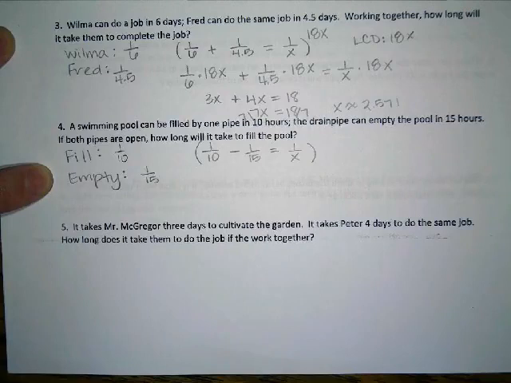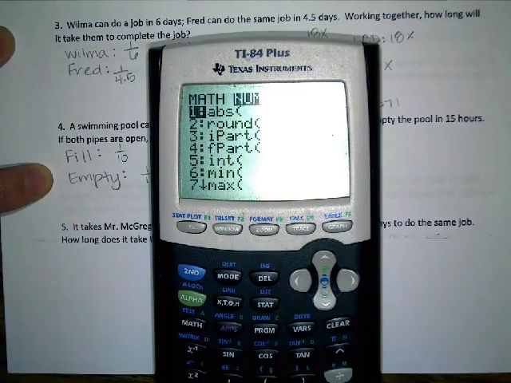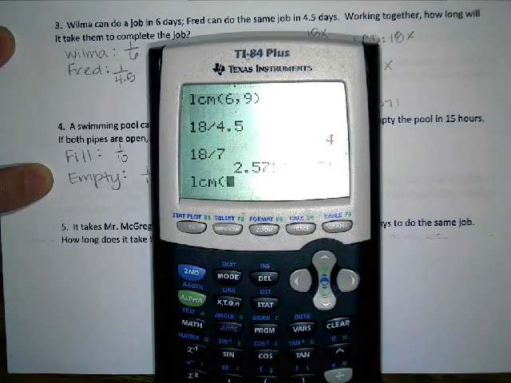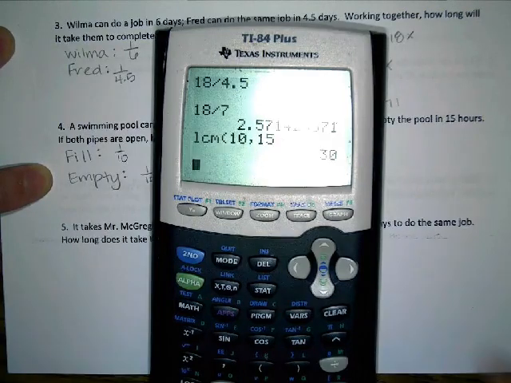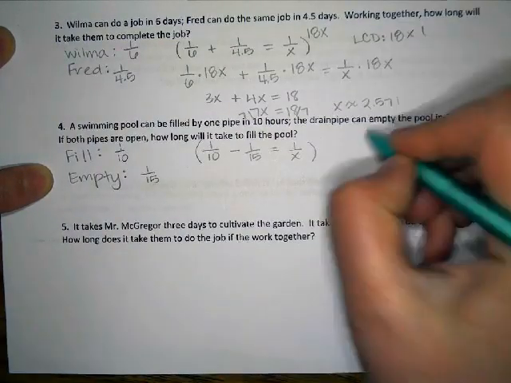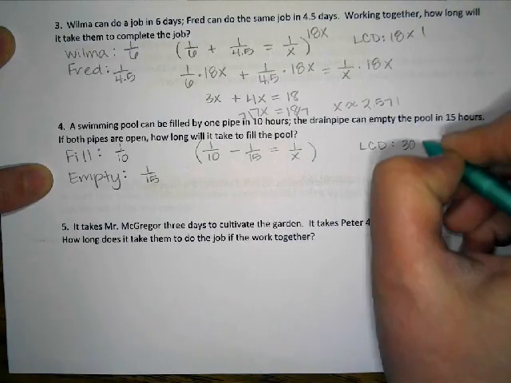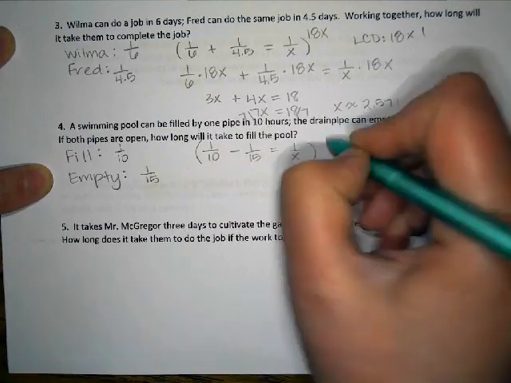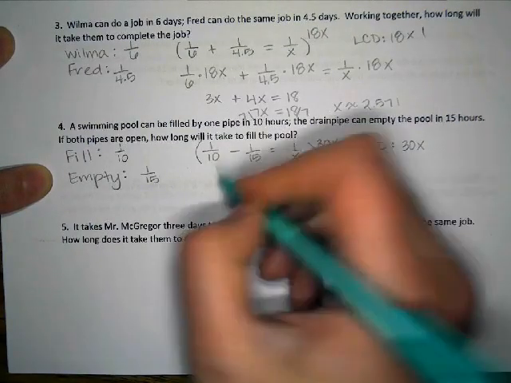So I'm going to do math, go over to number, and look and see what 10 and 15 both go into. I don't need the calculator. I know it's 30, but I don't know. I learned the trick, and now I want to use it all the time. 30x. So I can multiply that by each term.